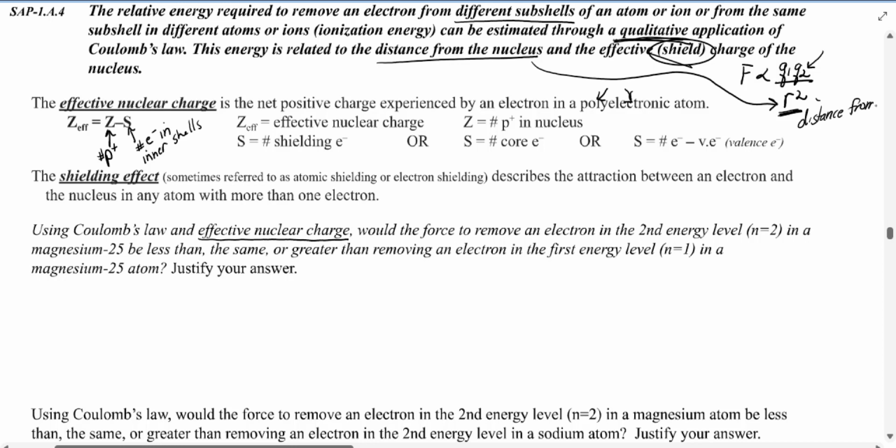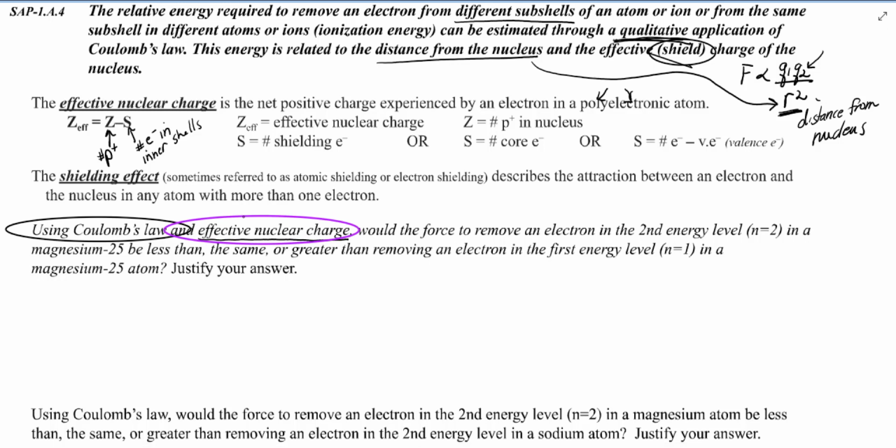We based it off of Coulomb's law and distance from the nucleus. We've already done that, so I am not going to justify using Coulomb's law again. Instead, now we're going to justify it based on effective nuclear charge. You need to be able to do it both ways.